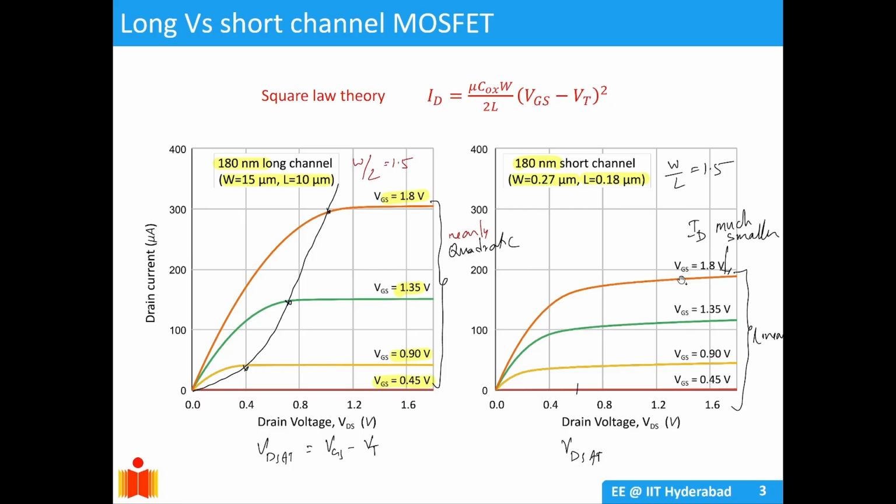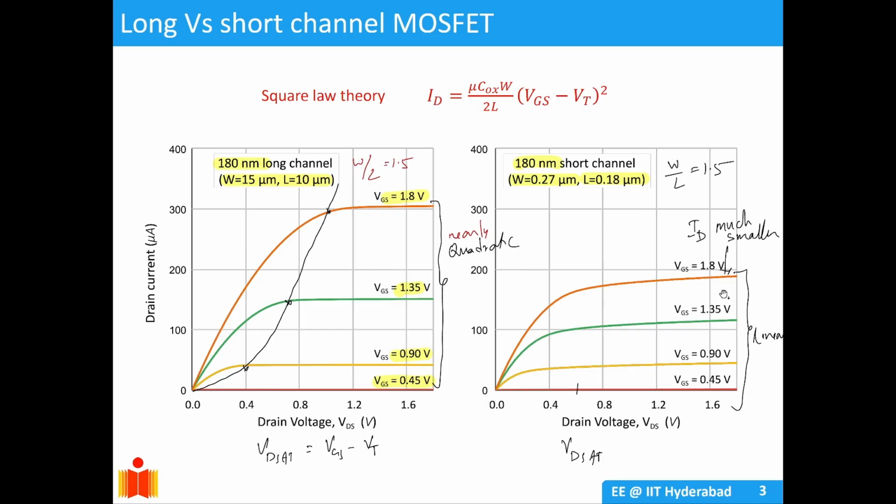Whereas in a short channel MOSFET, first of all, even with the same W by L, the net current will be much smaller for the same gate voltage, and the increase in current with respect to gate voltage is not quadratic, it's much more linear.